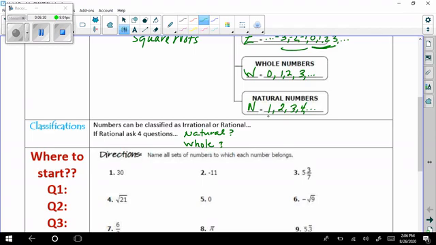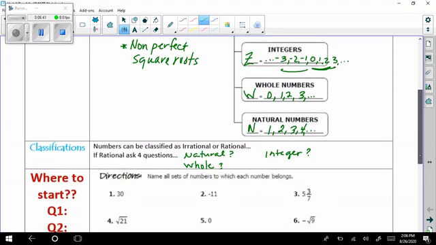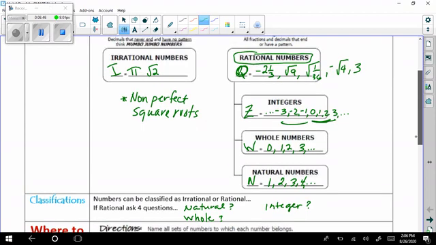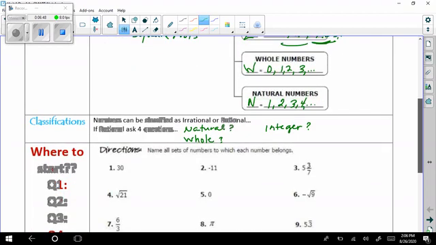If it's natural and whole, check to see if it's an integer. And if it's natural, whole, integer, then it's just a rational number. Is it a fraction? Because if it's a fraction or a decimal, it might be just the rational.